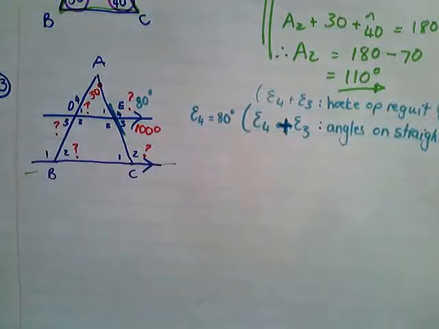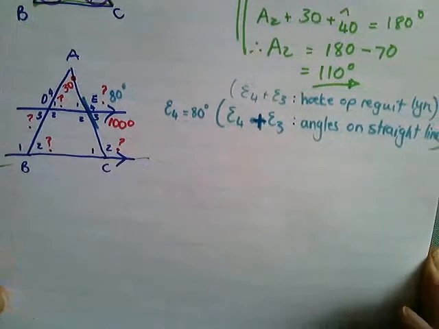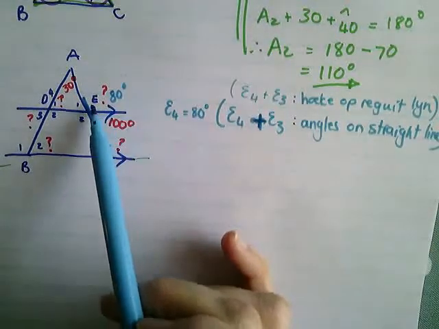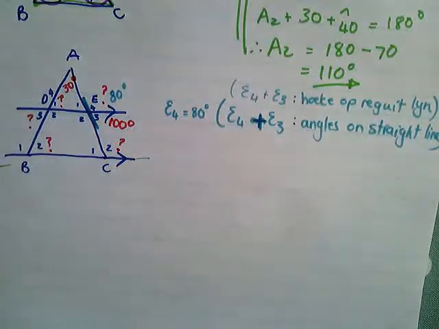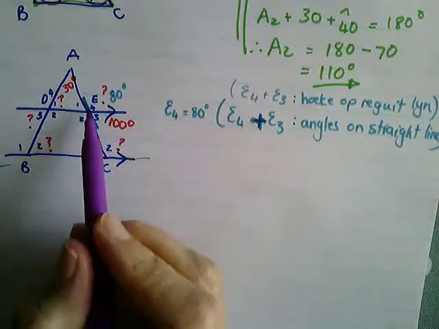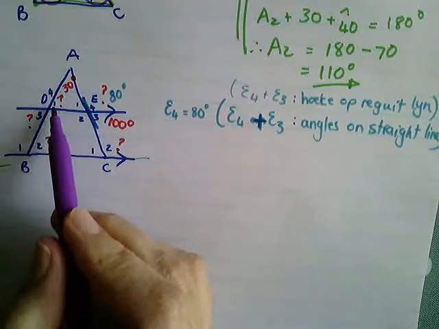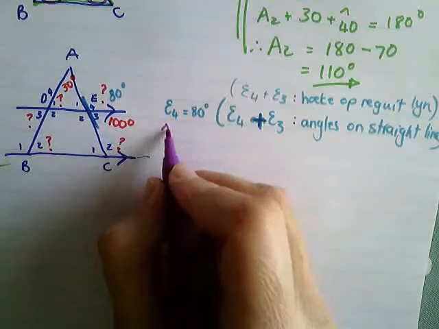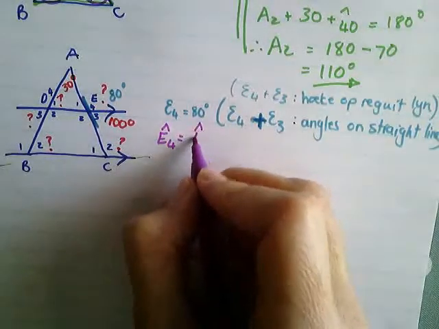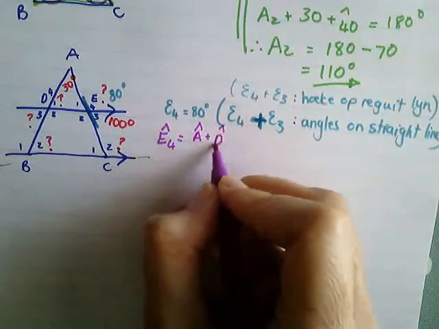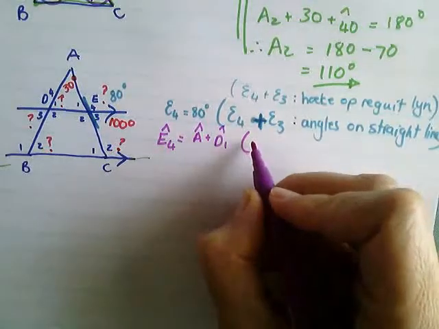Nou kan ons sien dat E4 is 'n buitehoek van daai driehoek. So E4 is an external angle of triangle ADE. So that angle is equal to A plus D1. So angle E4 is equal to angle A plus angle D1. Why? Because it's an external angle.